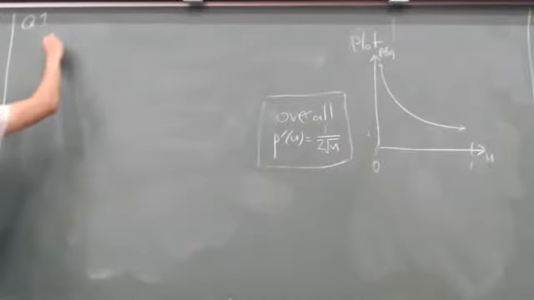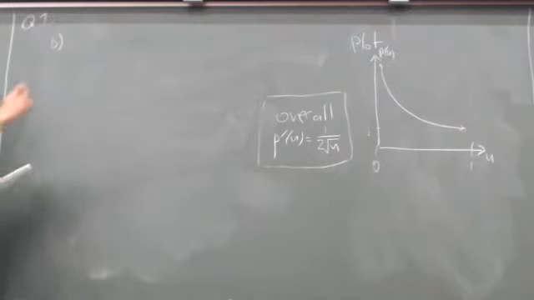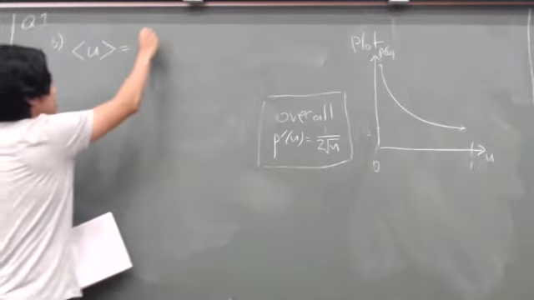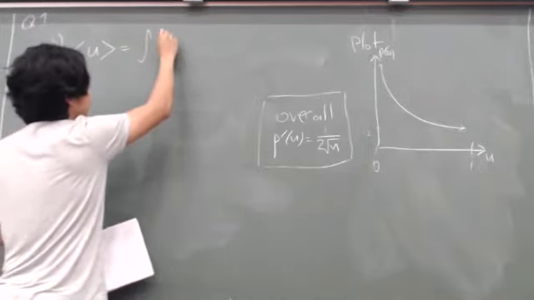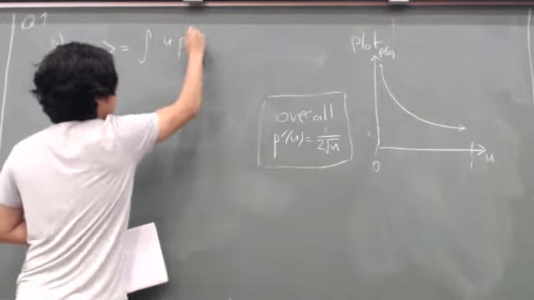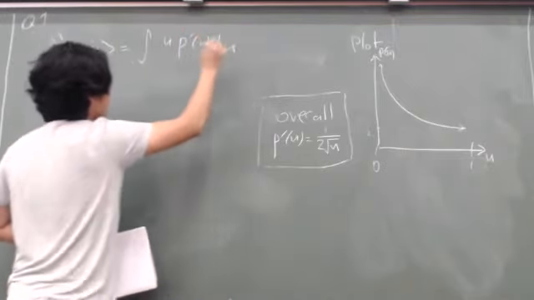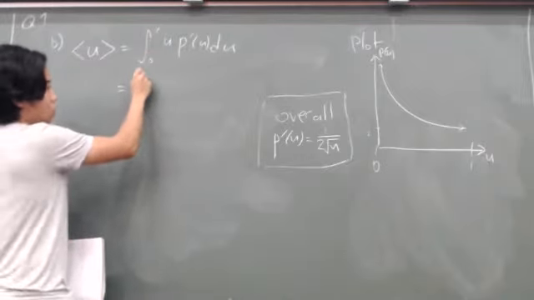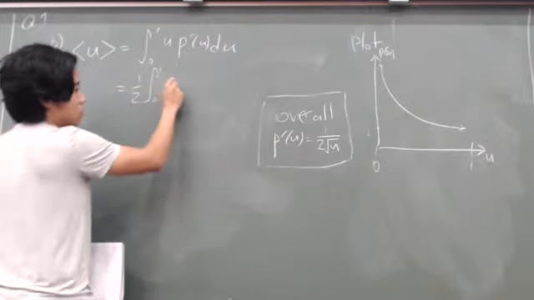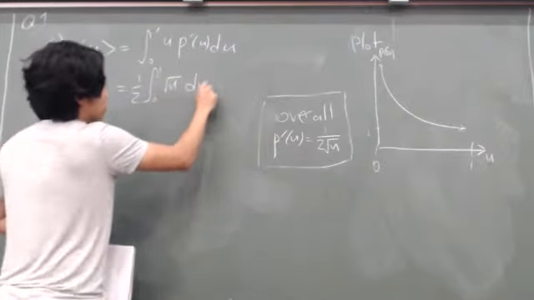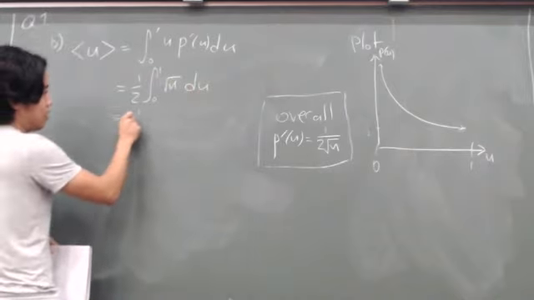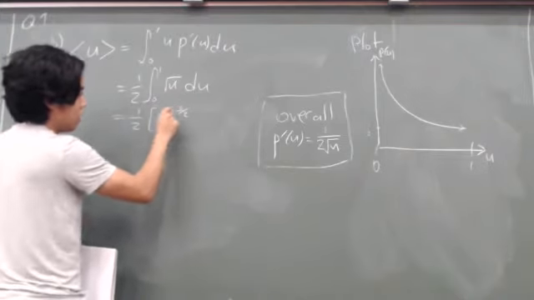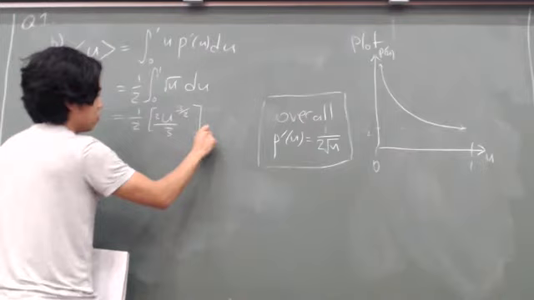Okay, so for part B, first finding the mean. The mean of u will be integrating u weighted by the probability distribution function du between 0 and 1. So that's equal to 1/2 integral 0 to 1 of square root of u du, and that is 1/2 u to the 3/2 times 2/3 between 0 and 1.